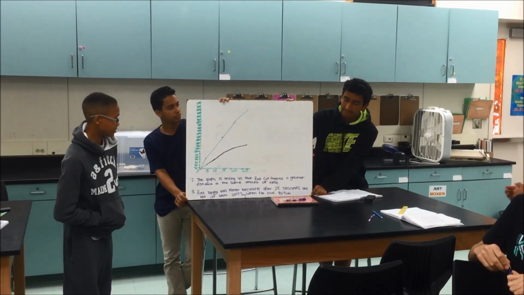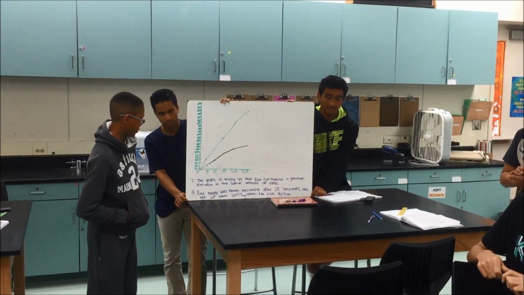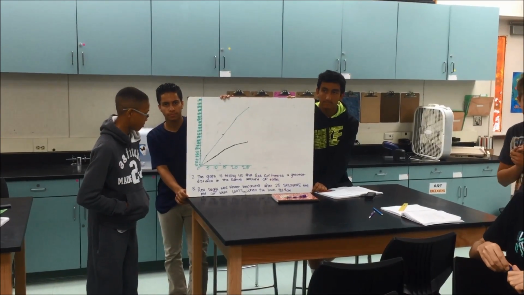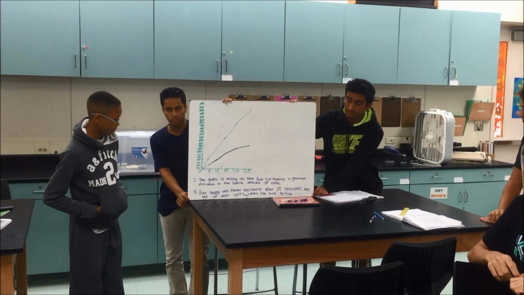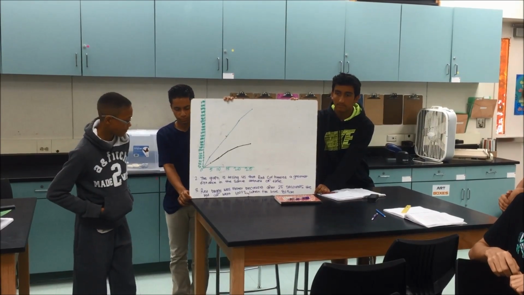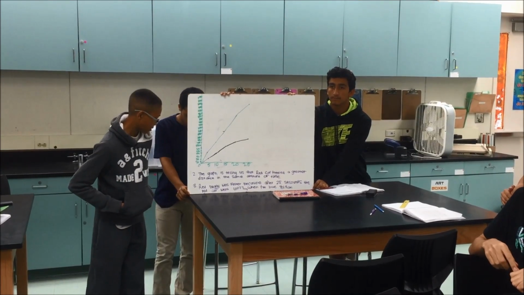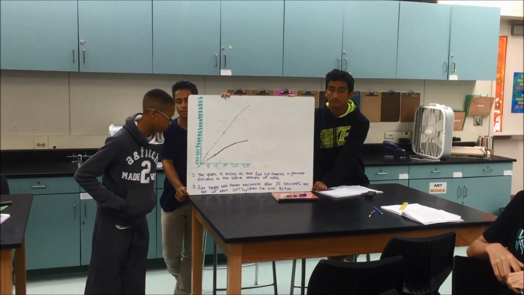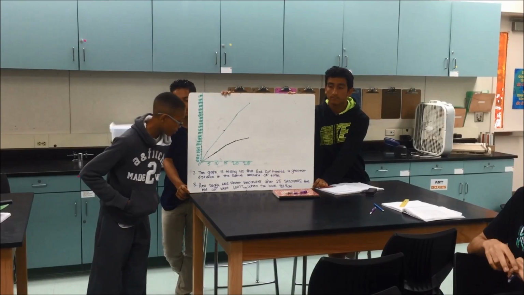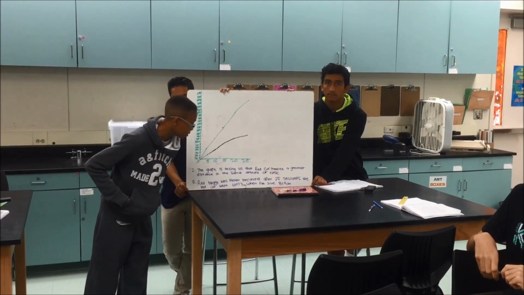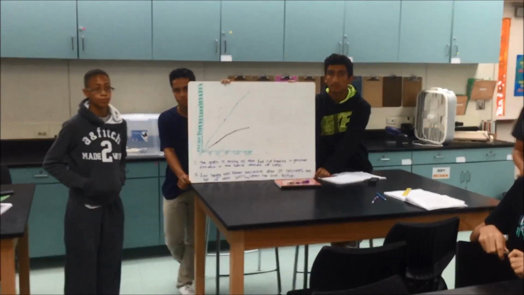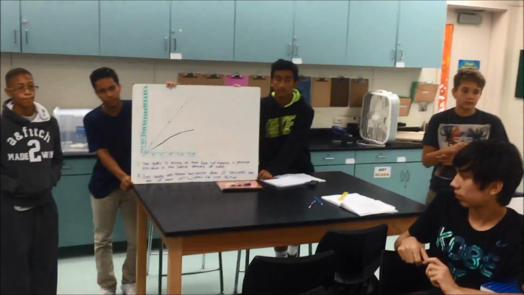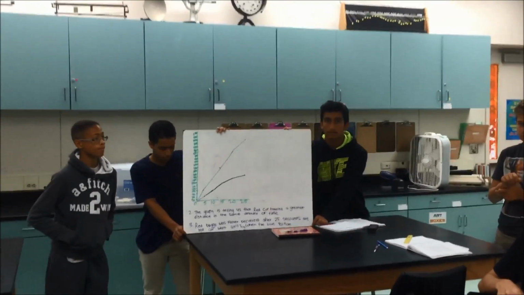The graph is telling us that the red car traveled a greater distance in the same amount of time. The red buggy was faster because after 25 seconds, the red car went to 1,007.7 centimeters, and the blue 461.9.